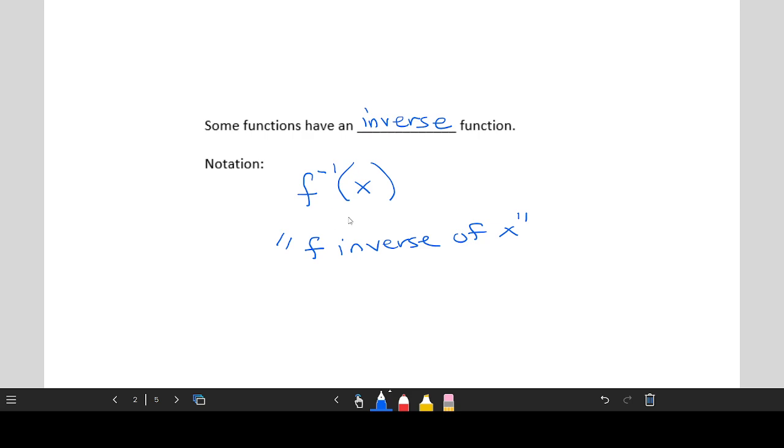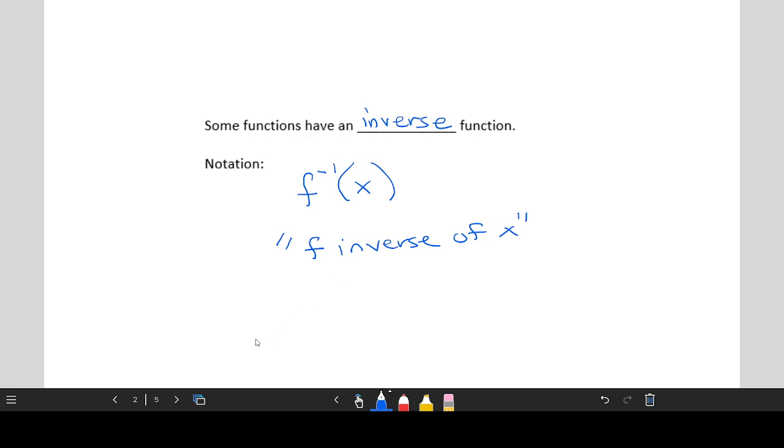That -1 is not an exponent. It's not an exponent of any kind. There's nothing happening with an exponent. There's no reciprocal of anything. That's not at all what that is. It's just simply a notation to represent the function that is the inverse of the function f of x.